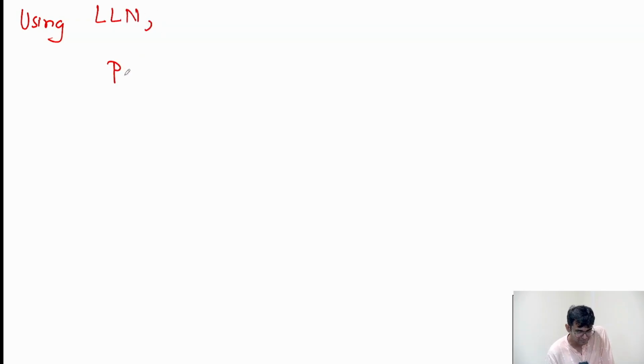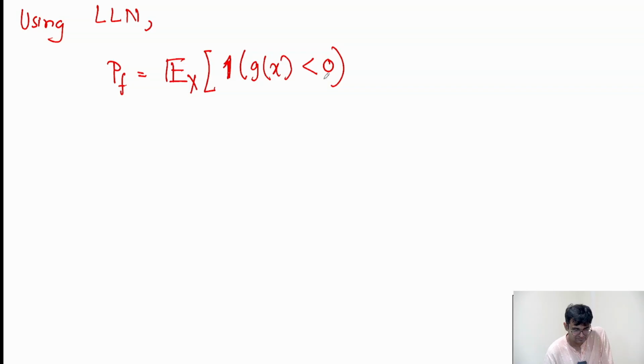P_f, which was equal to the expectation with respect to x of I, g(x) less than 0, is now approximately equal to, N I have not used, K I was using, so let us use N as the number of samples.